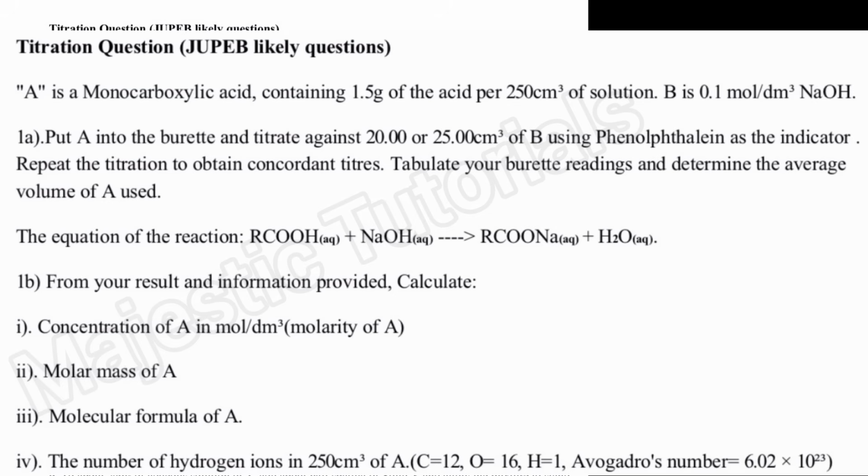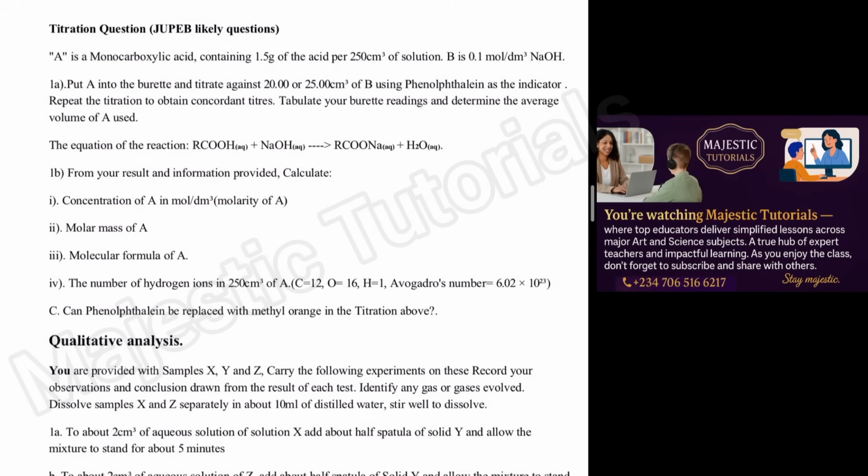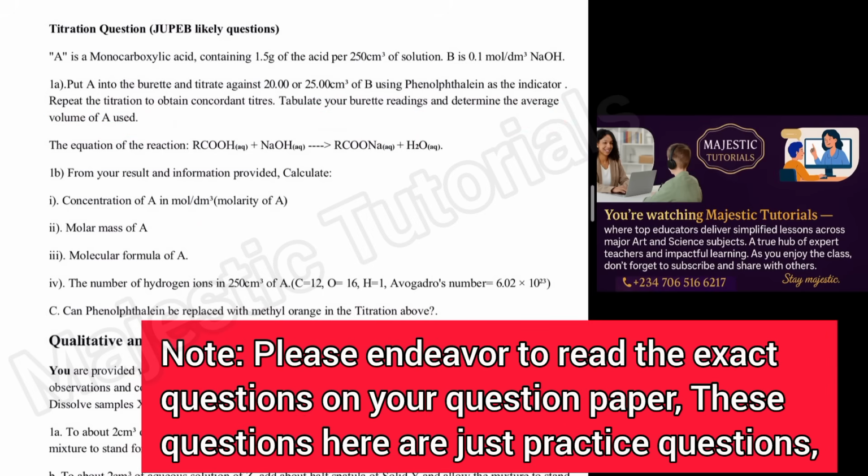We need to know what they say A is, and A is just a monocarboxylic acid. That means it was hidden, it was not mentioned. And then B is 0.1 mole sodium hydroxide. Remember, they can give it to you in mass. Okay, after giving us the whole equation, they say from the results and the information, you are to tabulate your burette readings and determine the average volume of A used.